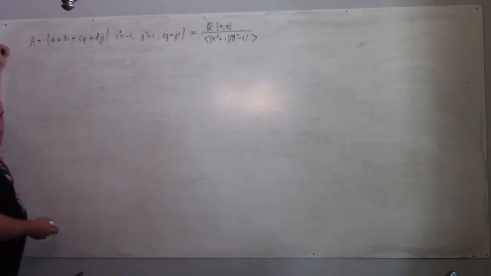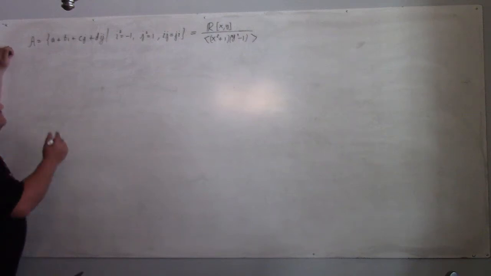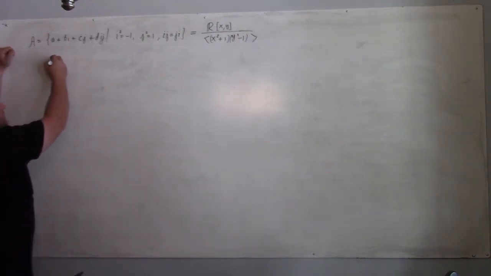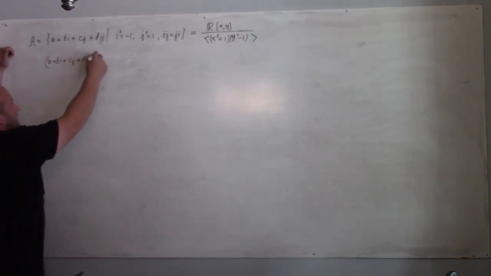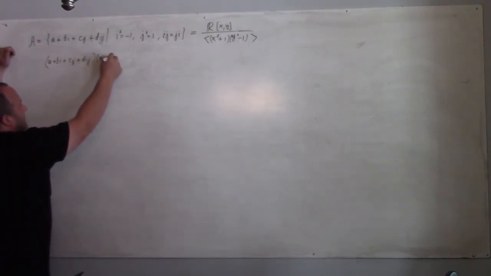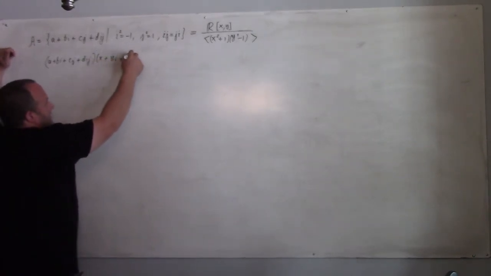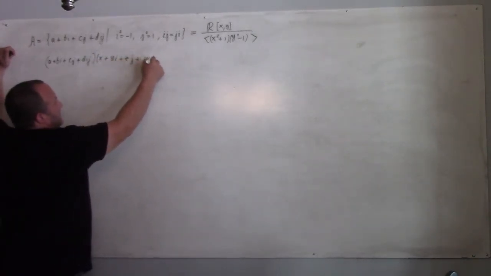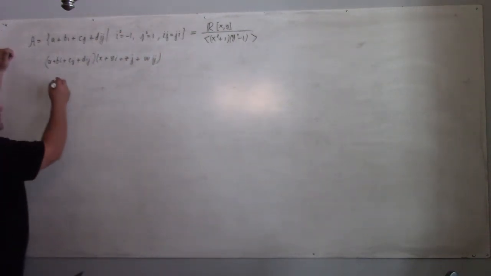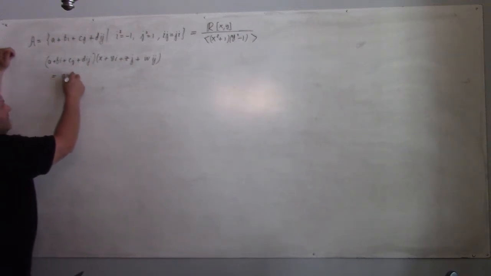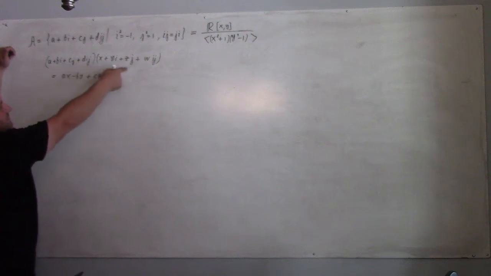We can work out the regular representation. That might be instructive, I don't know. So if I have A plus BI plus CJ plus D times IJ, and we multiply that by X plus YI plus ZJ plus WIJ, that would give us AX, B times I squared is -1 so minus BY, plus CZ since J squared is 1.